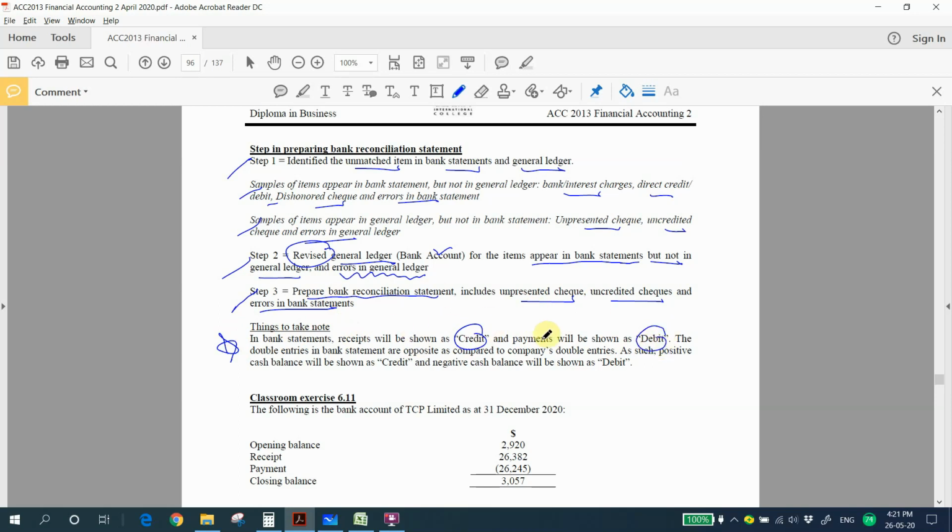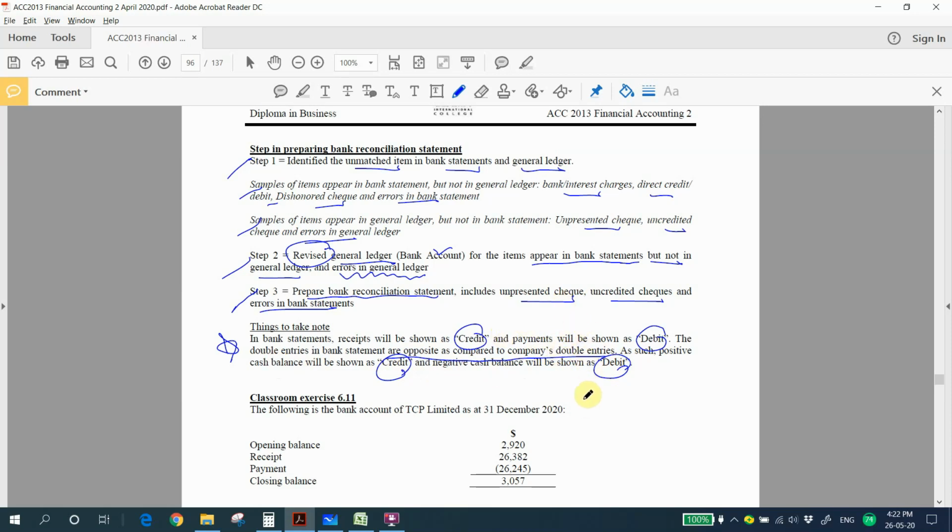This is very different from our accounting, because in our accounting record we show debit as a collection and credit as a payment. Why do we have such a difference? Because the double entry in the bank statement is opposite to the company's double entry. As such, positive cash balances will show as credit and negative bank balances will show as debit. Remember, who prepares the bank statement?